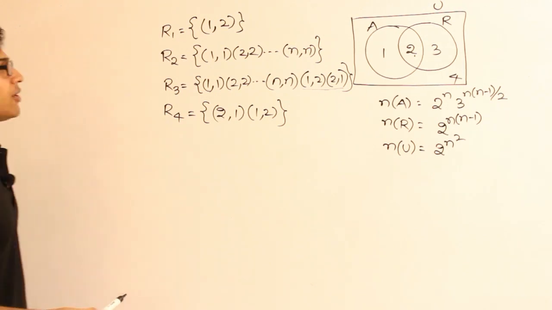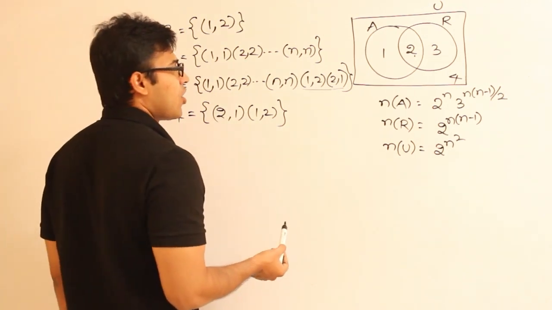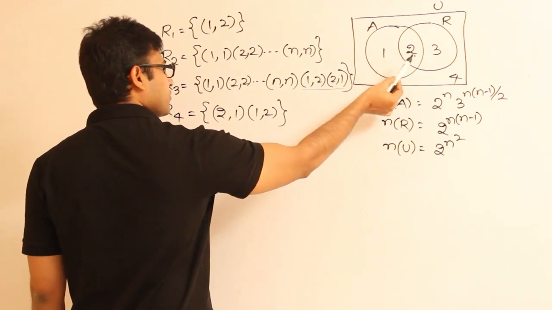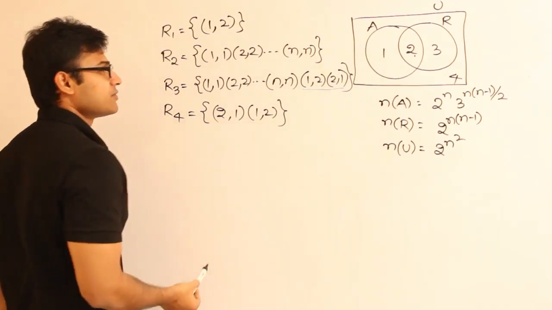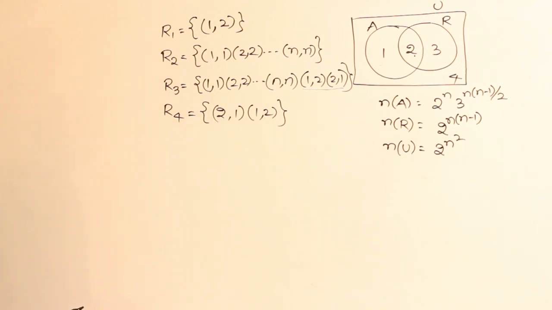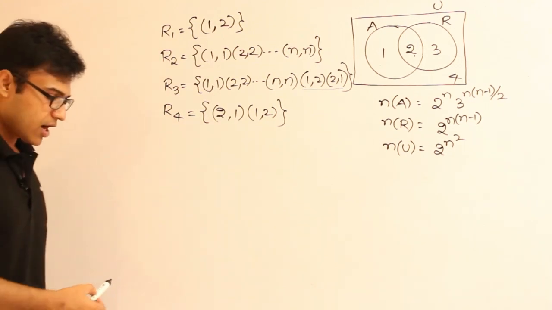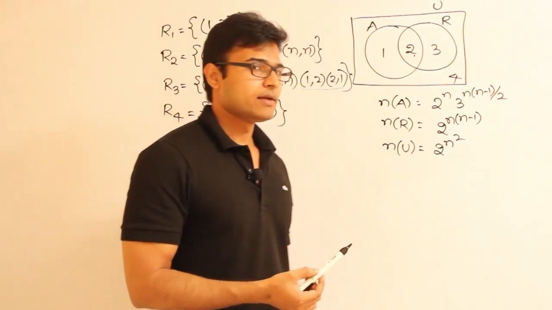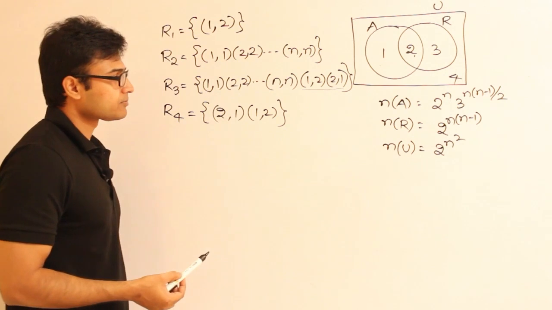Now in order to answer the other questions, like how many relations are there which are antisymmetric but not reflexive, you have to solve for region 2. If you can find the cardinality of region 2, then you can answer many questions on this problem. So what could be region 2?